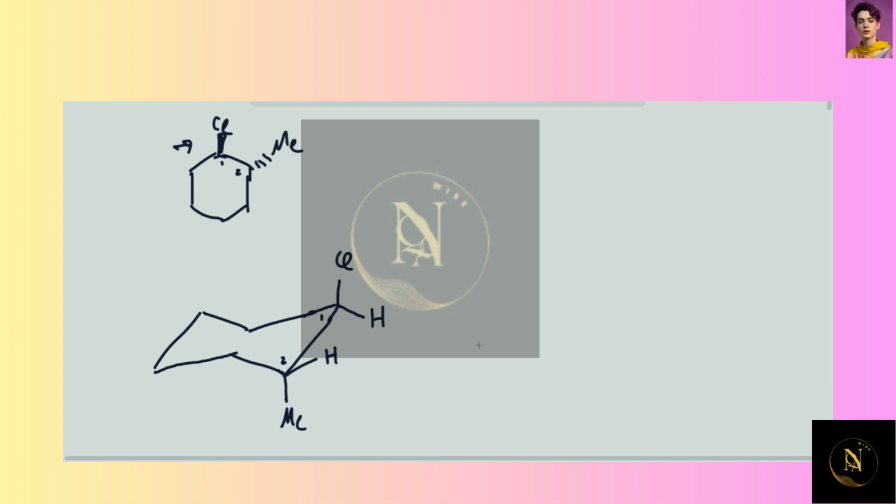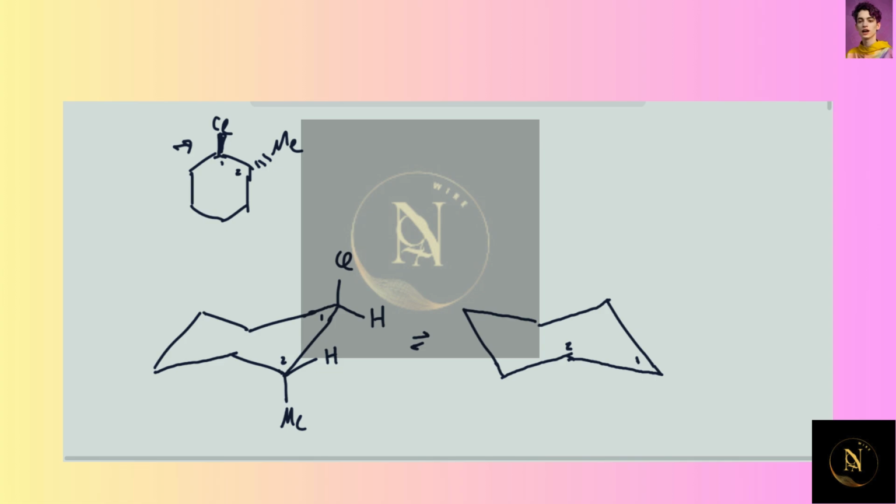All right, and to do the ring flip conformer of this, start with parallel lines that are slanted in the opposite direction. I like to call this lower right-hand carbon carbon 1 after I've done a ring flip, which makes this carbon 2.